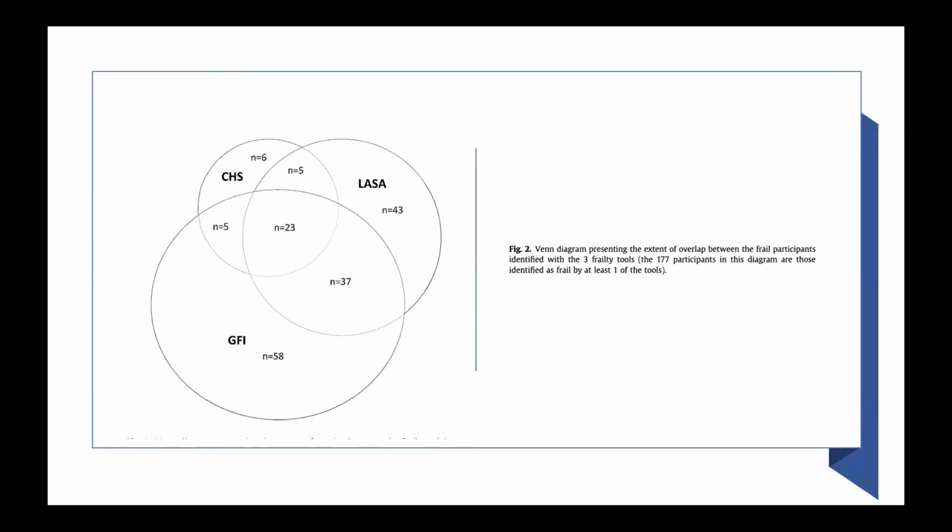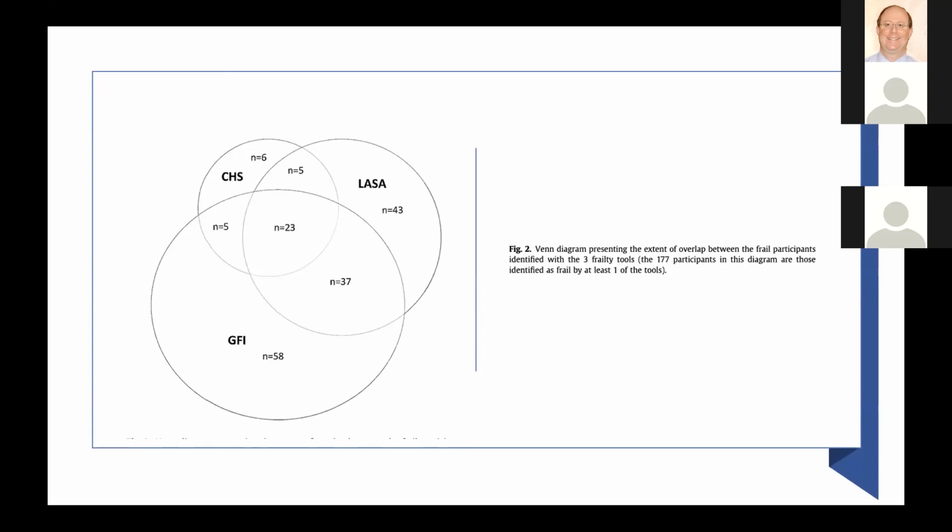To give you a little more color around why that might be, the cardiovascular health study phenotype looks at weight loss, exhaustion, weakness, slowness, and low physical activity. So 5 components.